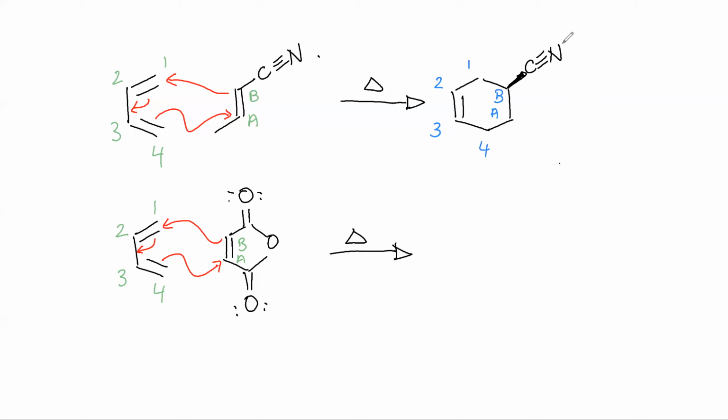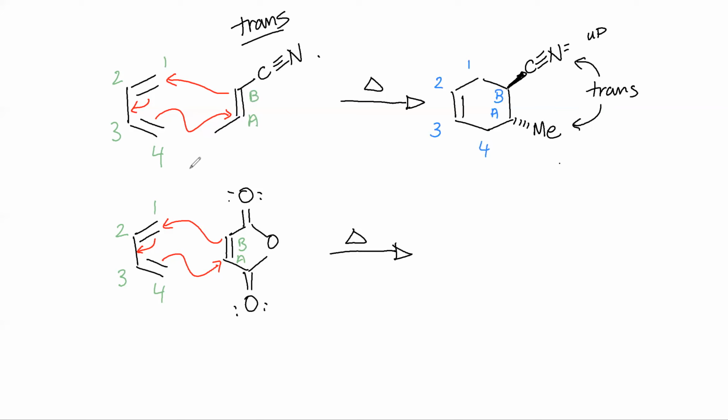Once I've declared that that is up, because our starting dienophile was trans, that means that my product has to be trans. So if this is up, the trans product on carbon B would be down. So this would be a methyl group, which is down, which is trans. Those two substituents are trans. So that's how that would work.